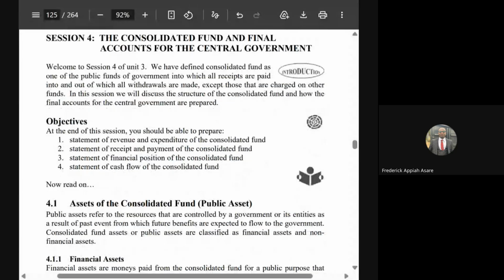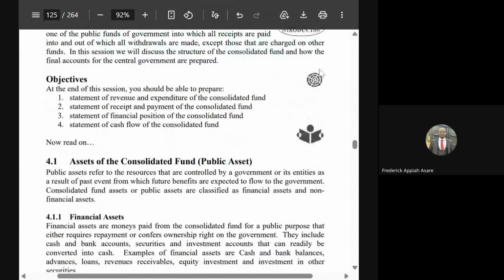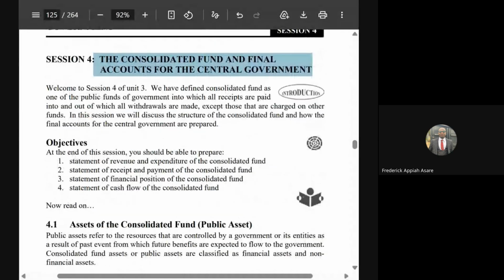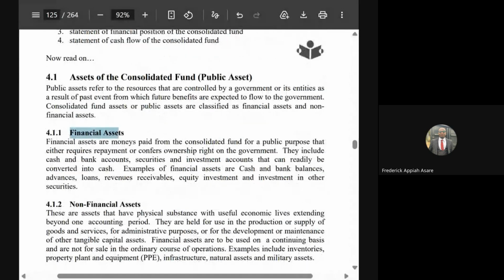Now, the consolidated fund and the final accounts of central government. When we are preparing the statement of financial position, we have the financial assets.